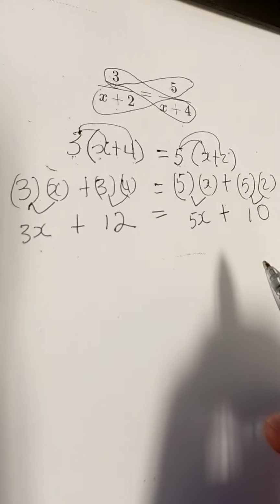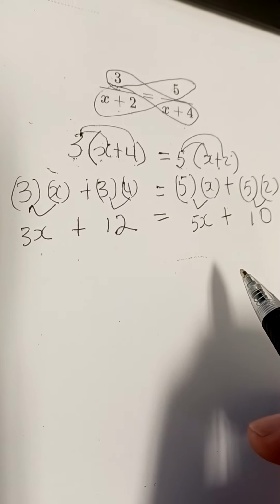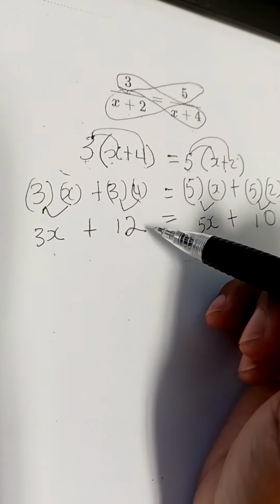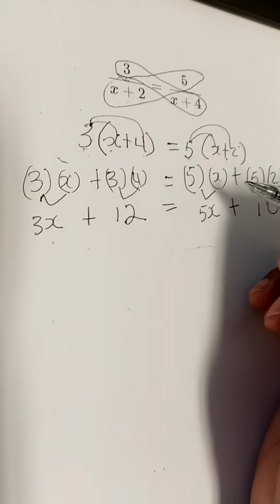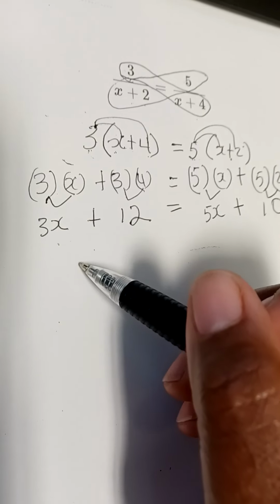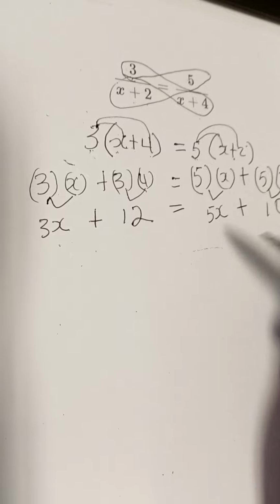So now we're going to combine, in order to get the x's on one side and the numbers on the other side. We want our x's on the left and our numbers on the right.